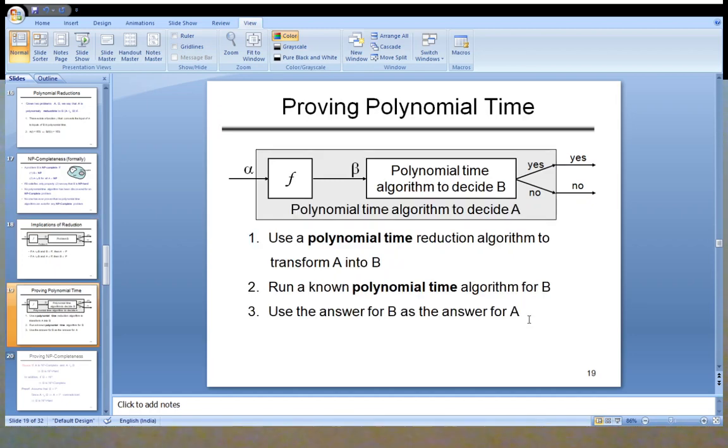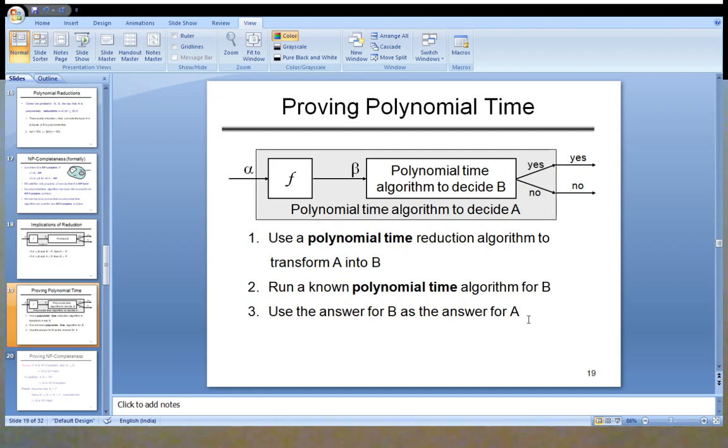Proving polynomial time: if we have an algorithm for problem B, then we can use the answer of B for the answer of A, just by converting the input alpha of algorithm A using a function f that converts alpha into beta, the input for algorithm B. It means for problem A we do not need to redesign the algorithm.